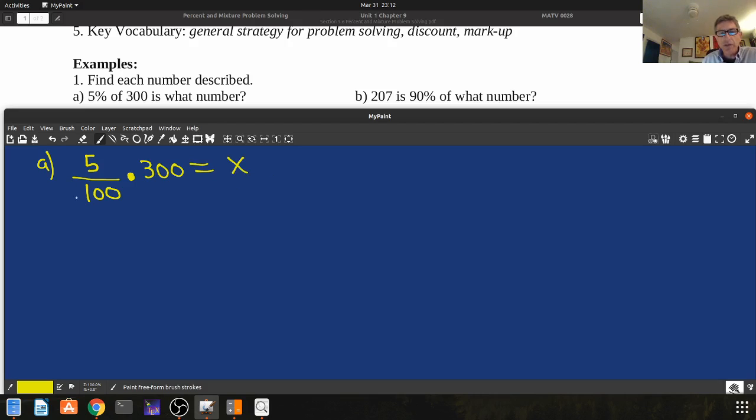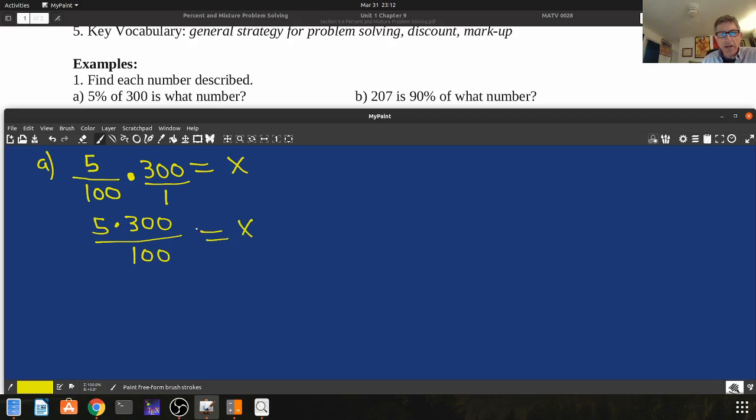So there's a lot of ways you can solve this. I'm going to go ahead and simplify. I think the easiest here is just to realize this is the same as 5, turn my 300 into a fraction and just multiply across. So it's 5 times 300 divided by 100, and all of this is equal to x.